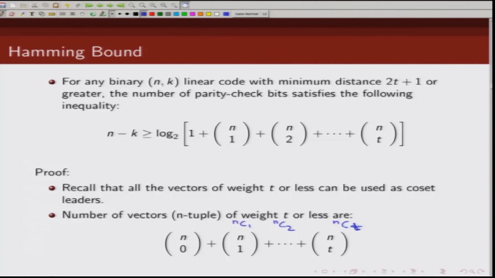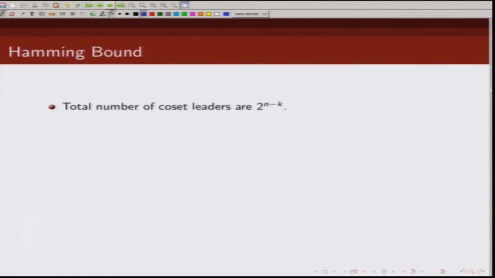These are the total number of error patterns of weight 0, 1, 2, 3 up to weight t. Note that all of these should be coset leaders, then only can we correct them. But what is the maximum number of coset leaders possible?